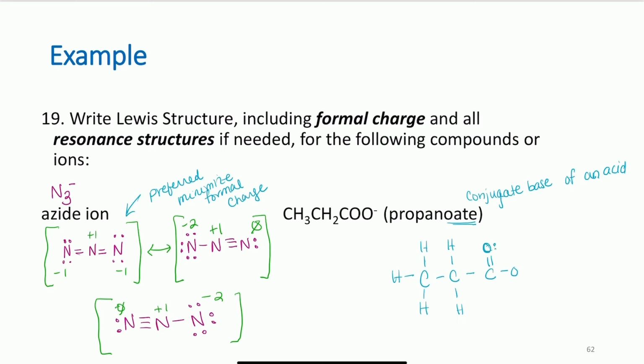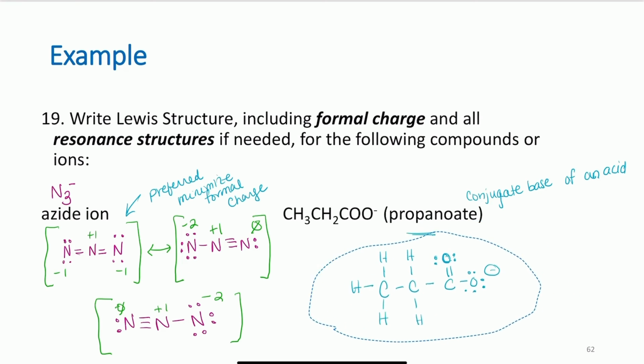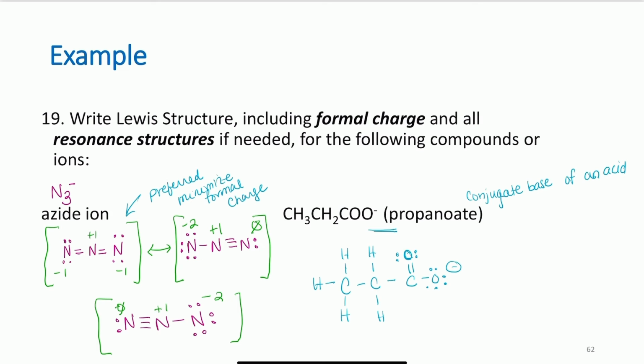If you add up all of the valence electrons, you're going to find the structure comes out like this, and this oxygen has a -1 charge to it. Why did I give that oxygen the single bond? Aren't these oxygens equivalent? Yep, this is a resonance structure. You could also draw this.